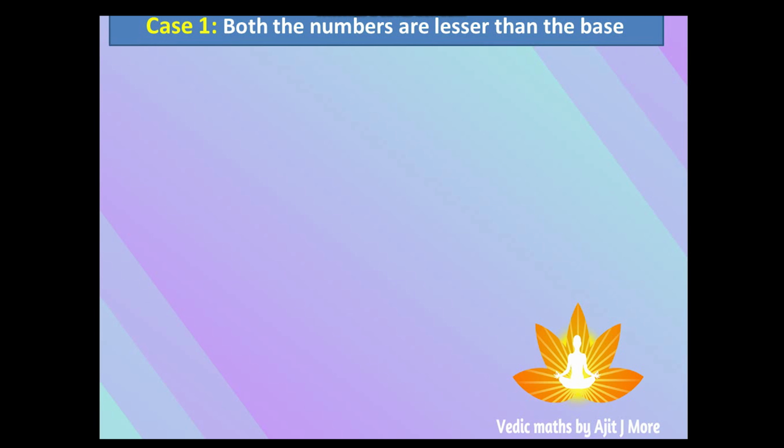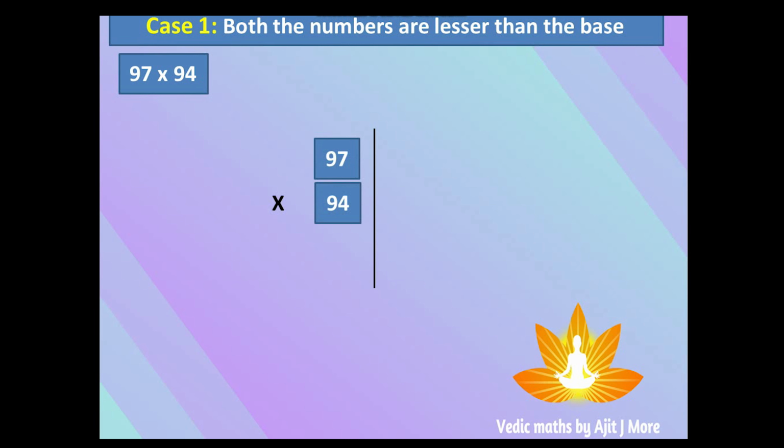Okay. So as an example, if I take 97 into 94, the task is multiplication of 97 with 94. First step is to decide the base. You can observe that they both are near to 100. So what is the base? 100.